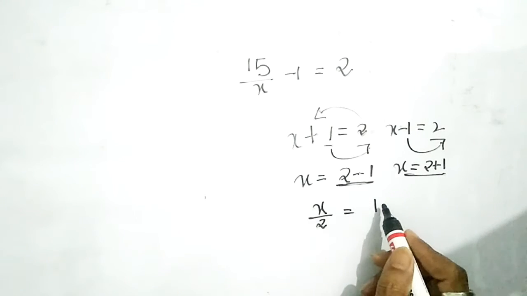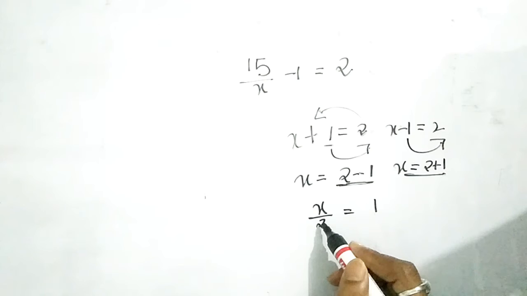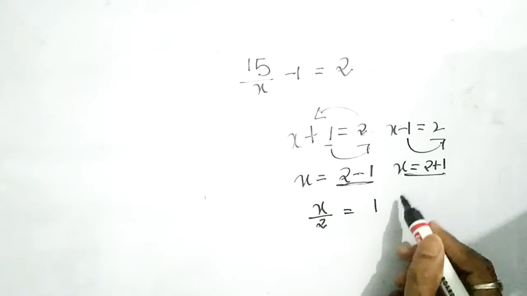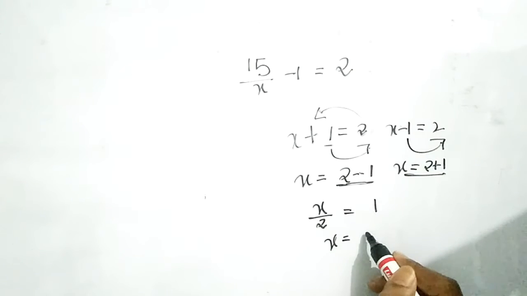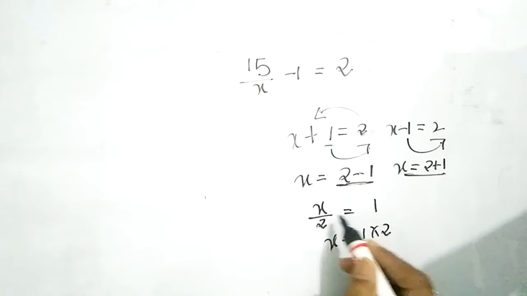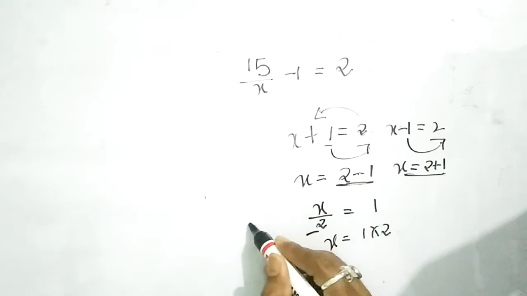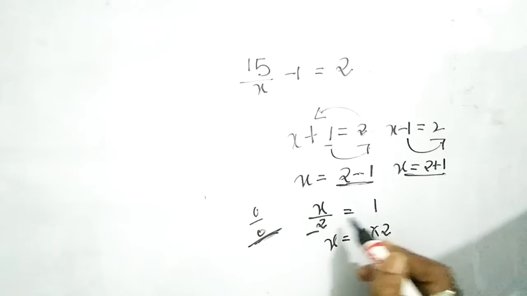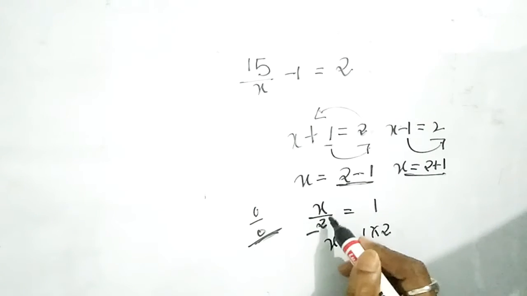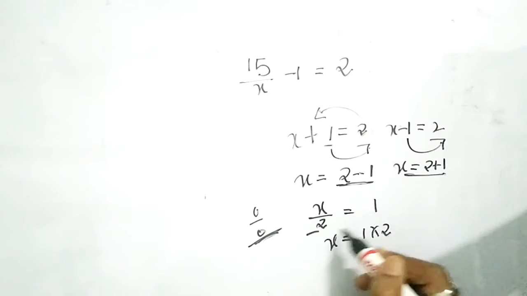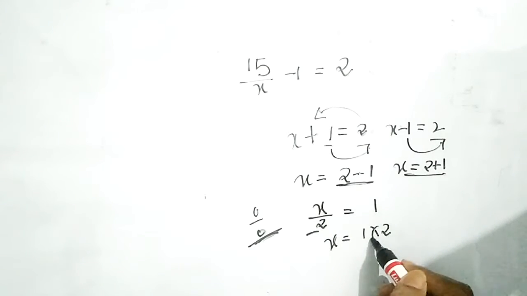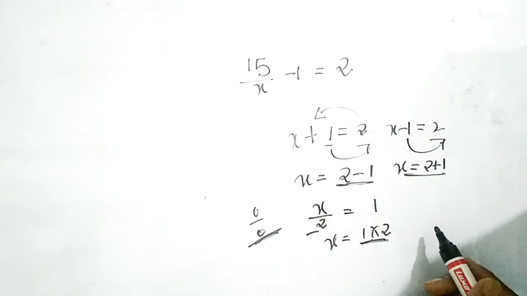We need to shift it to the right hand side. When a number is divided and you shift it to the right hand side, it becomes multiply. In the next step we should write 1 into 2, because on the left hand side division is given, x by 2, divided. So when you shift it to the right hand side, it becomes multiply.